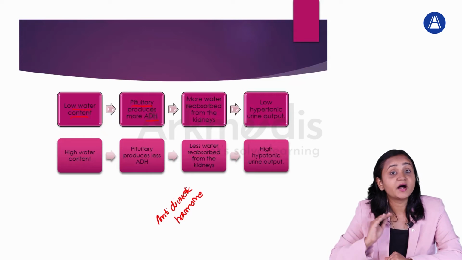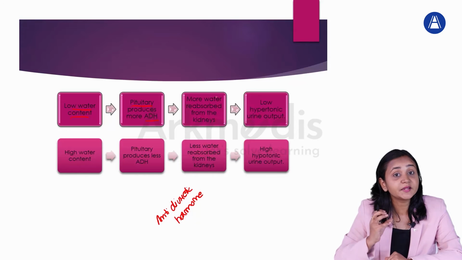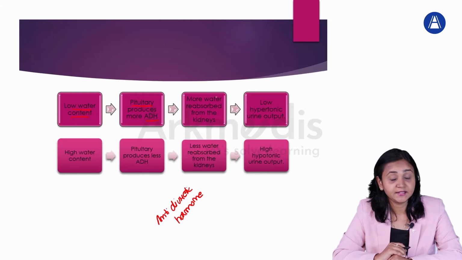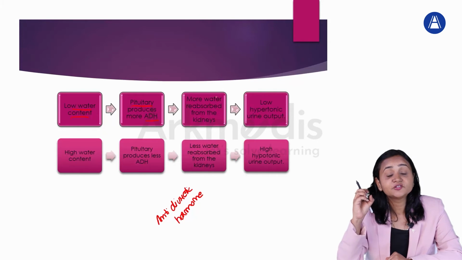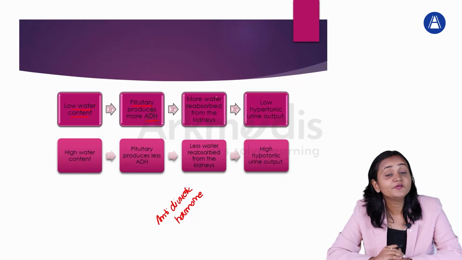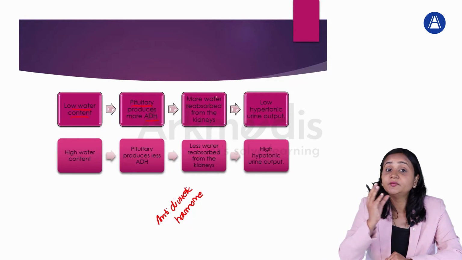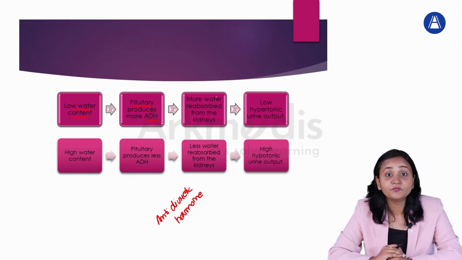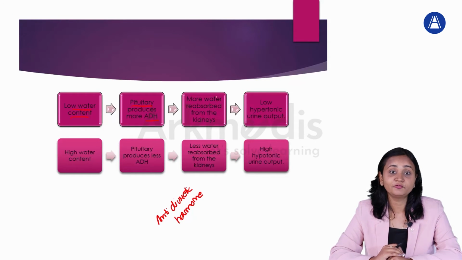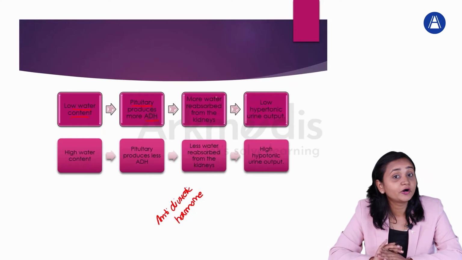Now, the release of a higher amount of ADH will allow a higher amount of reabsorption of water from the kidney. And what will happen? This will allow lesser release of urine, and that too a hypertonic concentration of urine will be eliminated. All this activity is performed just to retain water because the body has a lesser amount of water. Now, on the opposite, if there is a sufficient amount of water present inside the body, what will the brain do?